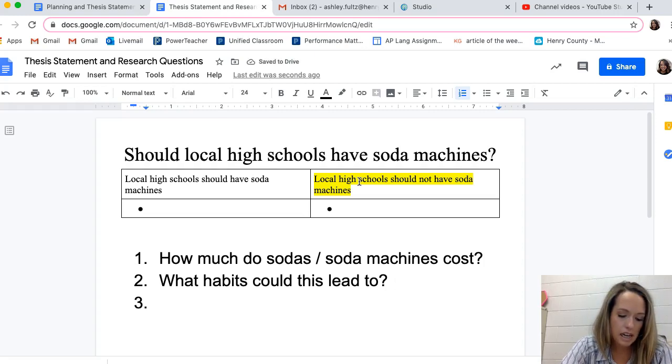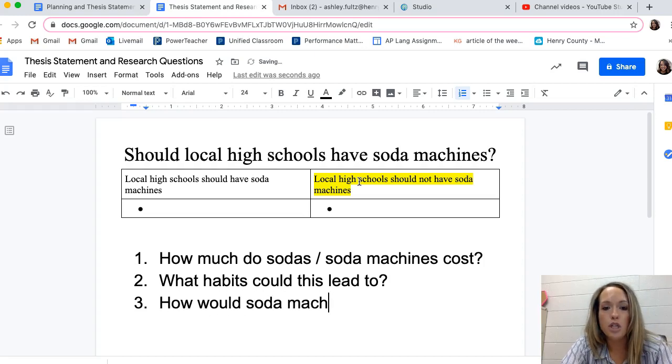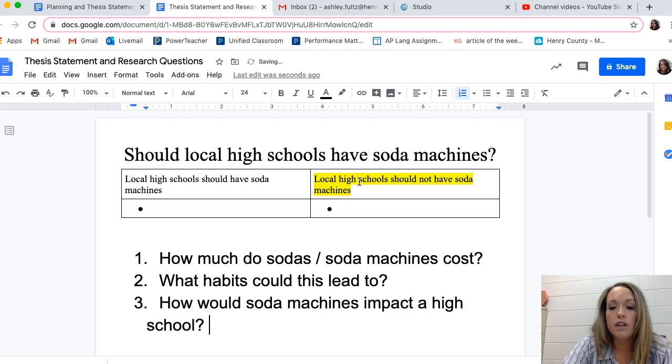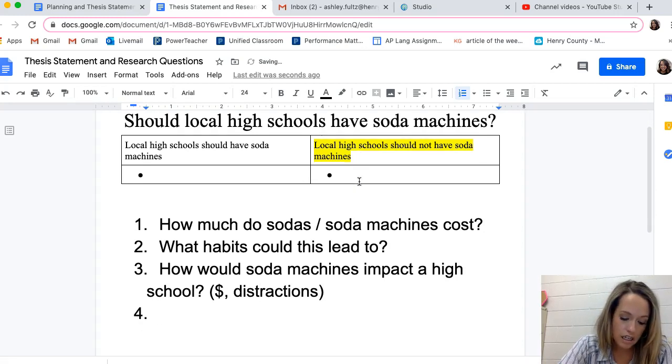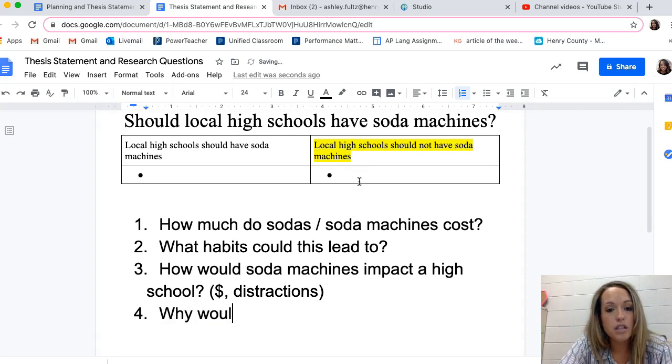Let's see. How would soda machines impact a high school? You could specifically think about when it comes to money, or you could think about how soda machines could cause distractions, etc. Maybe, why would parents be against soda machines?